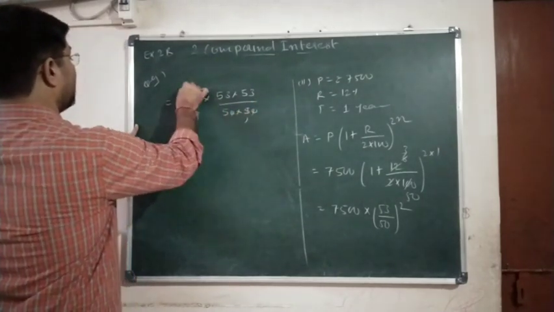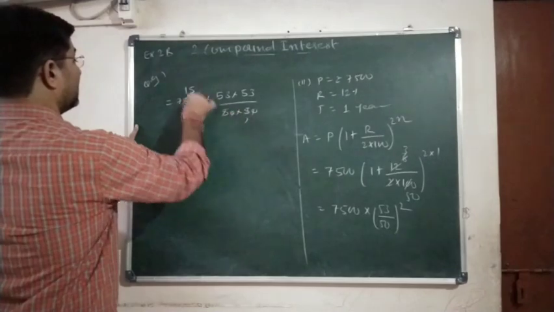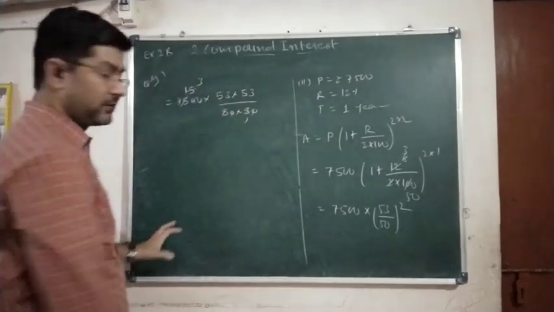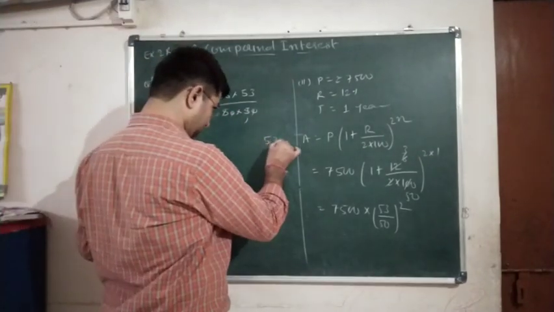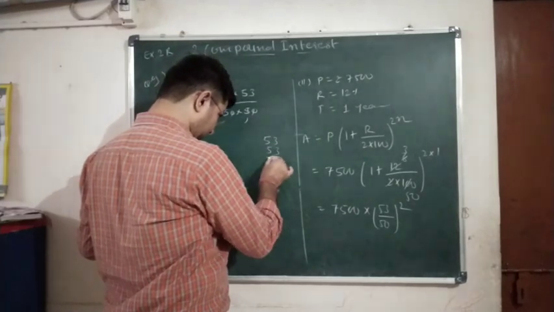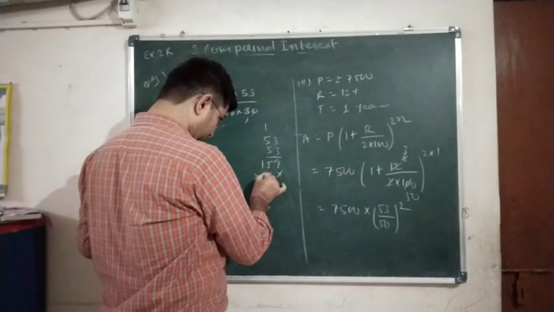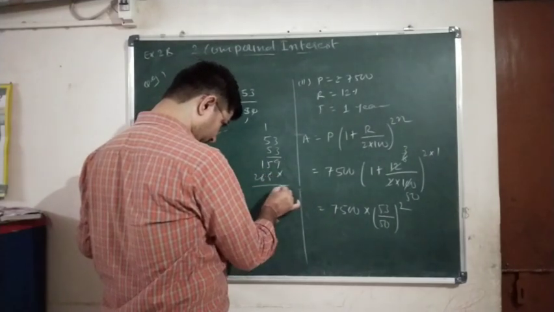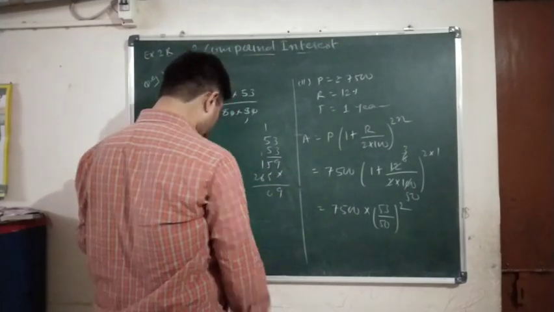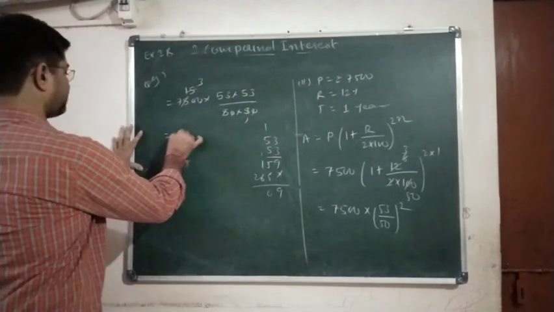So by 5 15 and 5 3 okay, 53 into 53, 3 3 9, 3 5 15, 5 3 5 26, 2809.